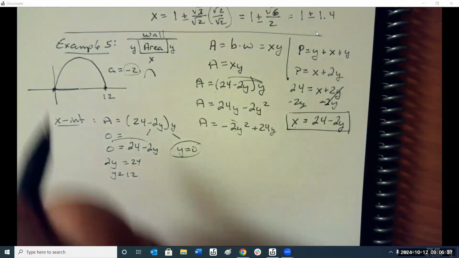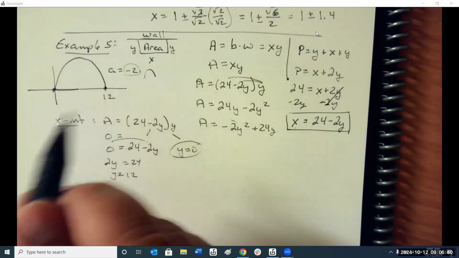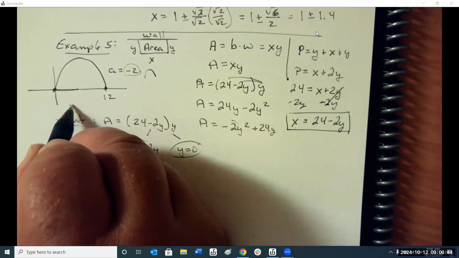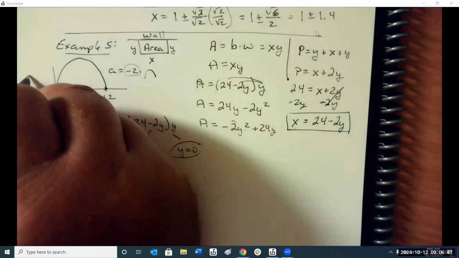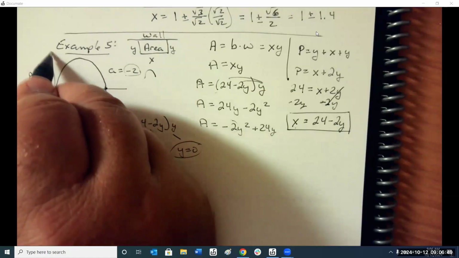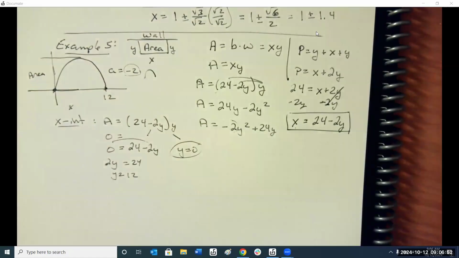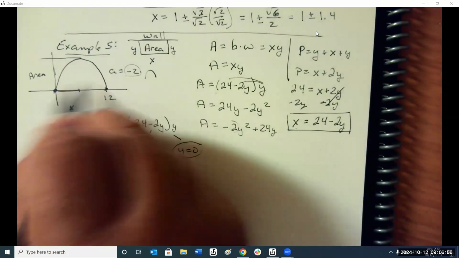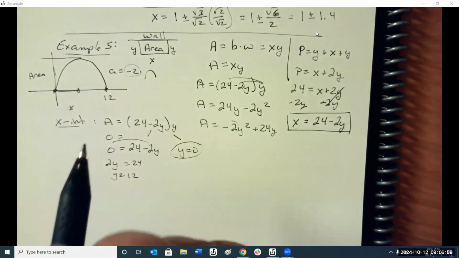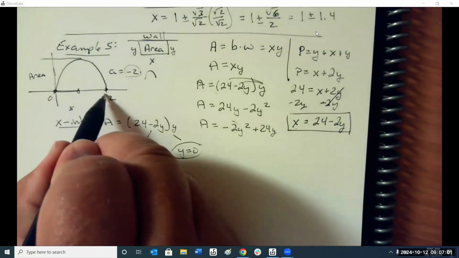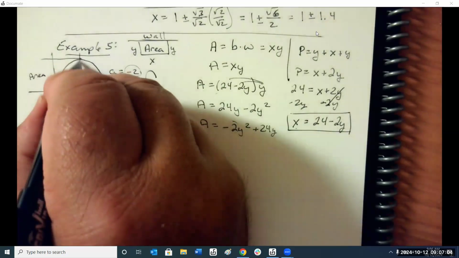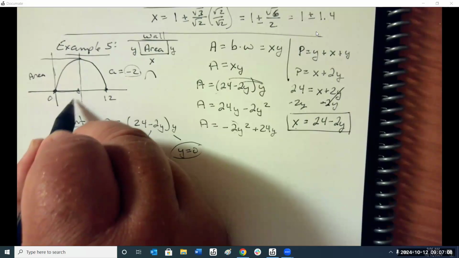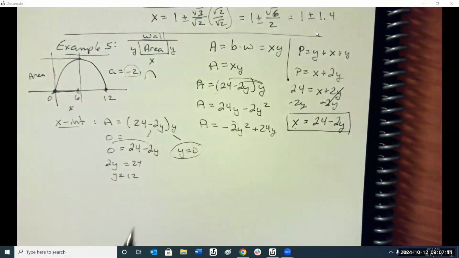So we know our graph will look like this, where this is the dimension and this is the area. We're looking for the highest area. Because this is a quadratic equation, it's symmetric, in other words, it's equal on both sides. The maximum happens at 6, which is in the middle of those two.